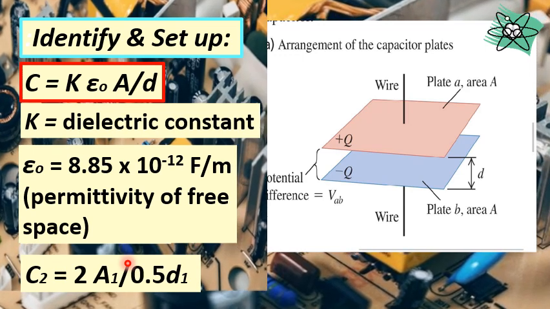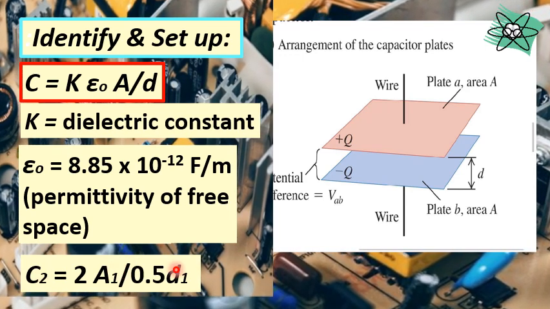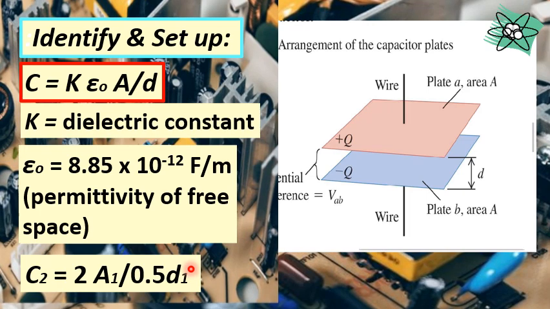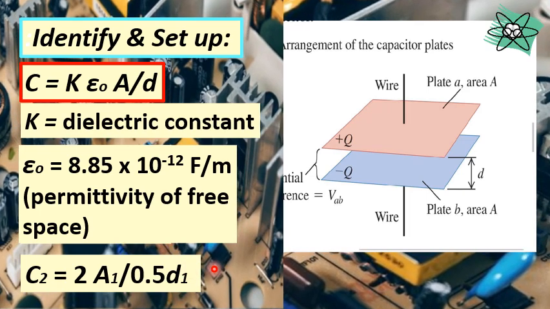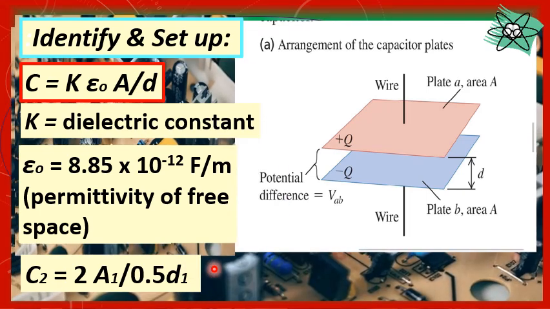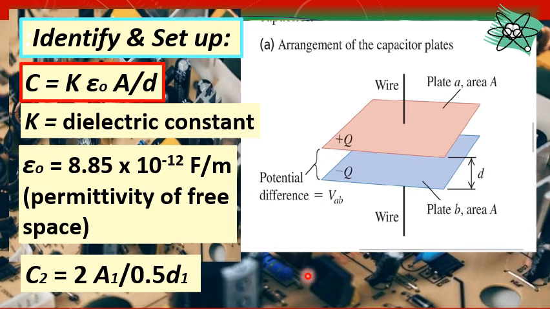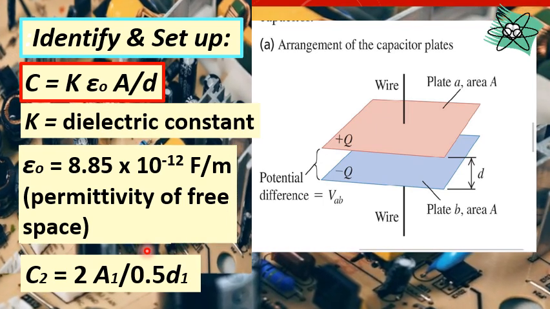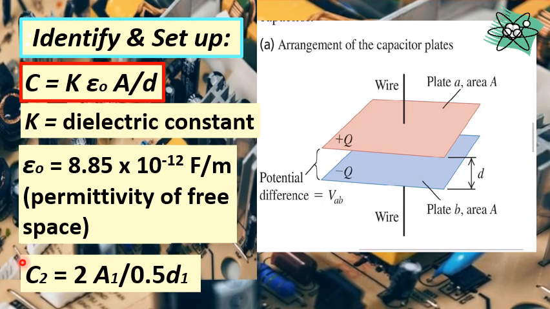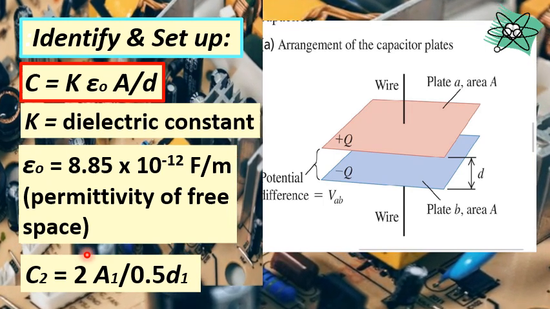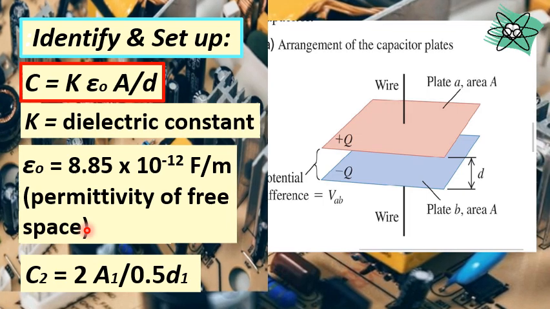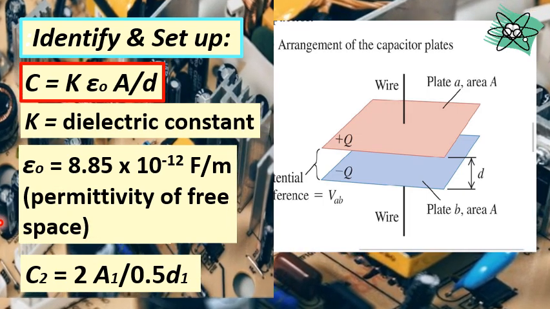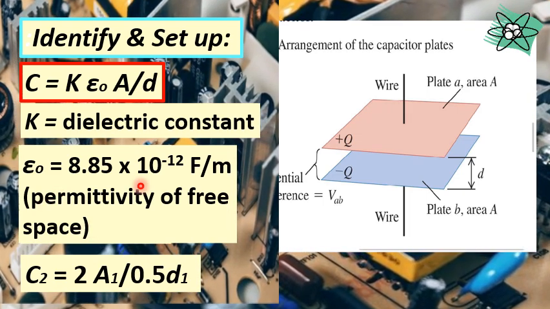So we have here our shortcut way of answering the question, because the question is asking for the new capacitance C2.